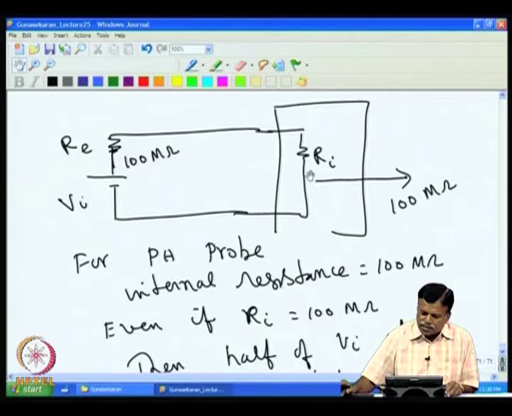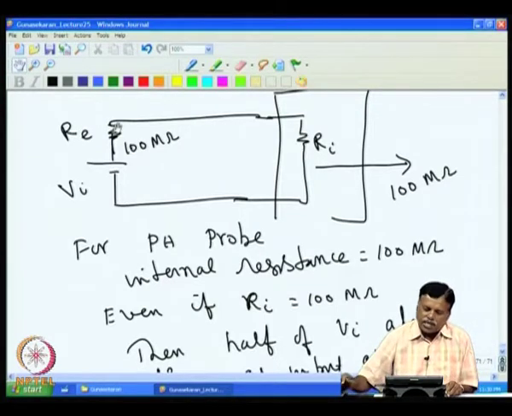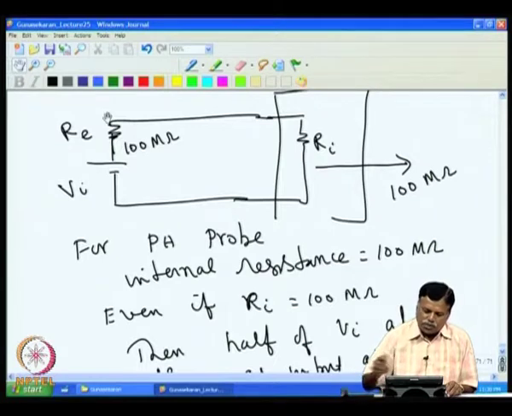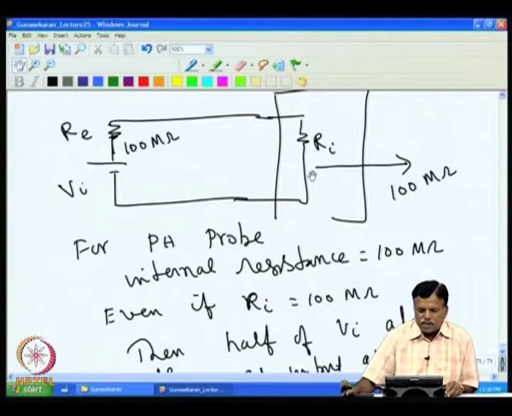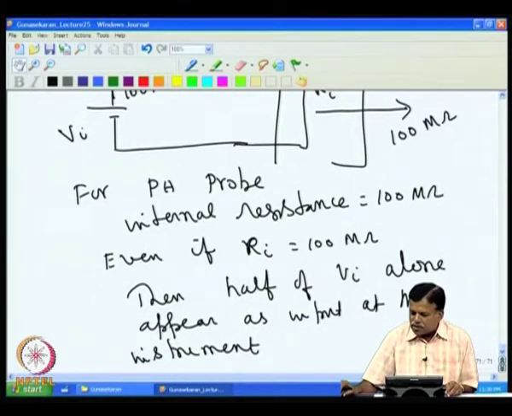Of course, the input resistance is always found as the applied voltage divided by the current flowing through it. If my source impedance is higher, the input resistance must be higher, and only then can you get the entire voltage of the source appearing at the instrument. That is why we like to have an instrument with as high an impedance as possible if you are measuring voltage.